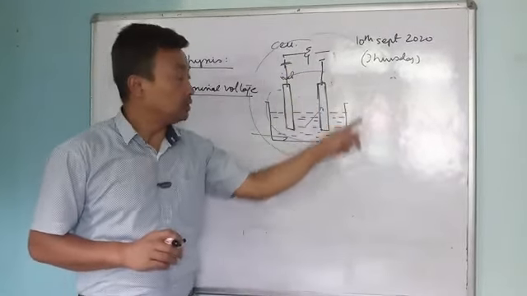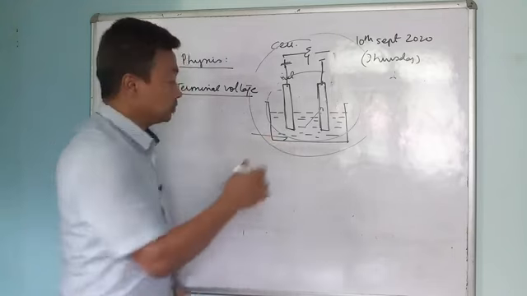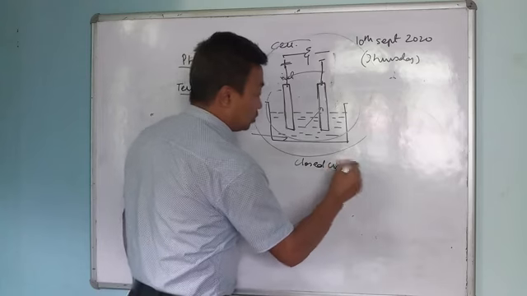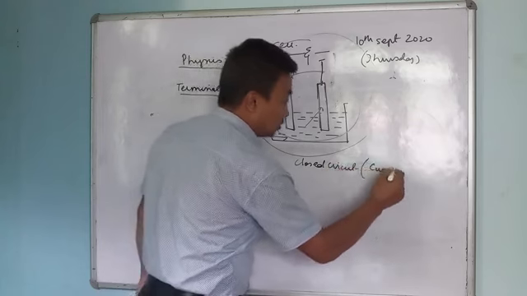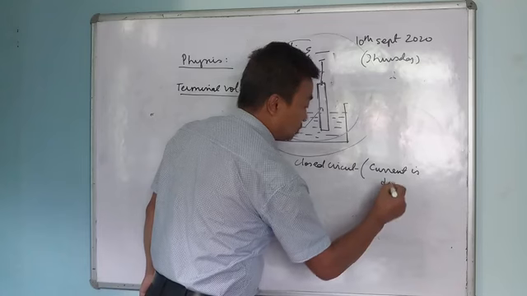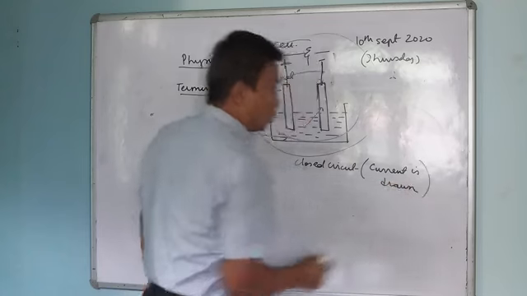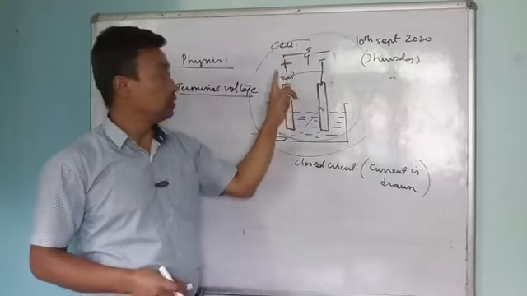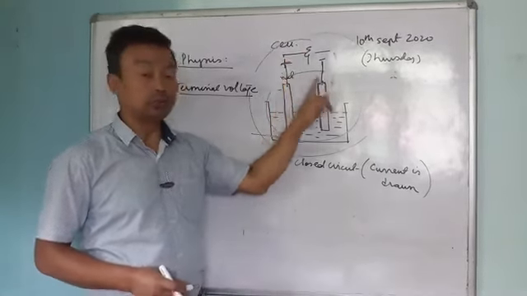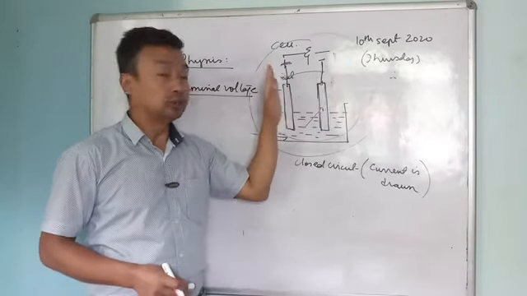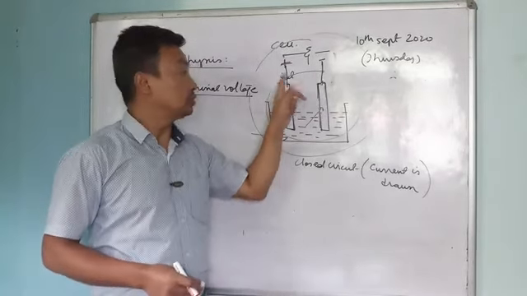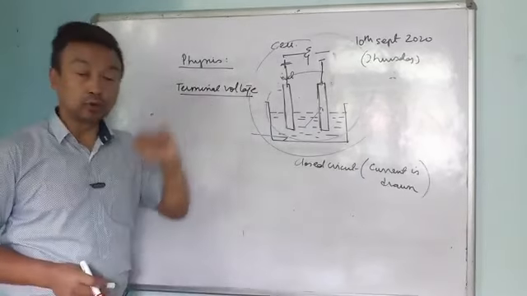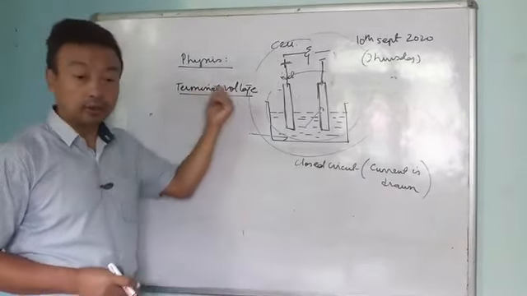That means when the circuit is closed, or current is drawn. So when the current is now coming out from the cell, whatever potential difference you have across the terminals, only across the terminals of the cell, is what we call the terminal voltage.